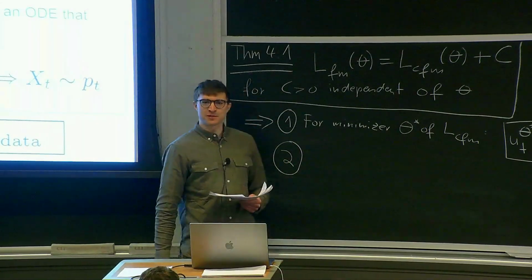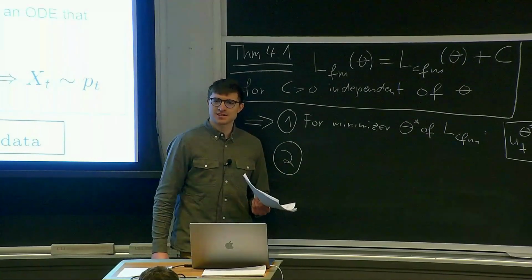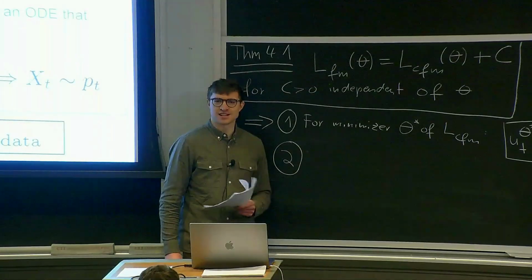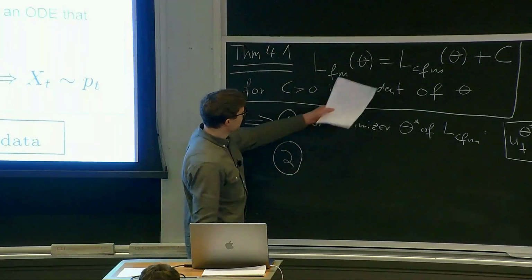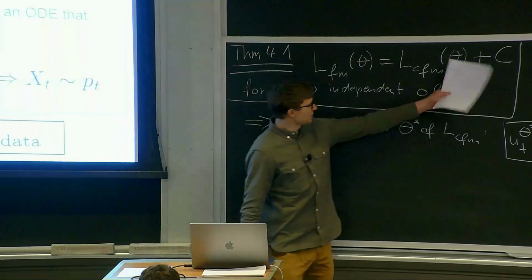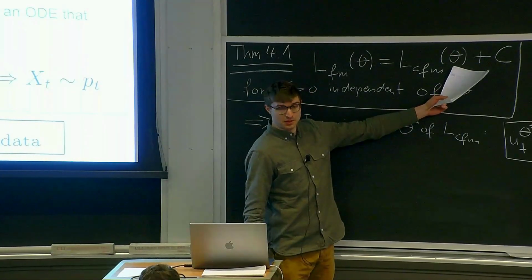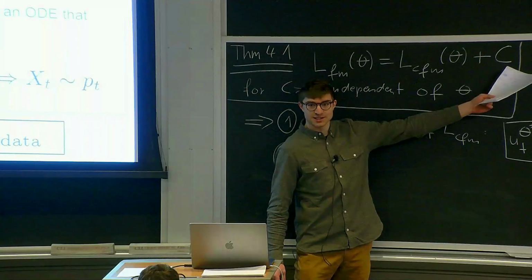Not only that holds, much more, the training algorithm of the neural network. How do we train neural networks? We use stochastic gradient descent. The gradients of these two objects are the same, because we're taking the derivative with respect to theta, so this constant is going to cancel out.